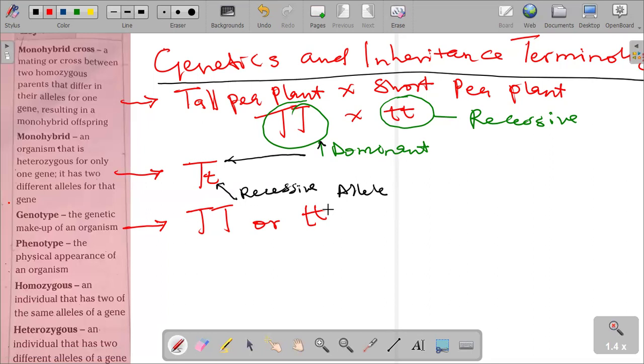So the genotype is always supposed to be given as letters. Letters of the alphabet are the ones that represent the genotype. Please take note of that.